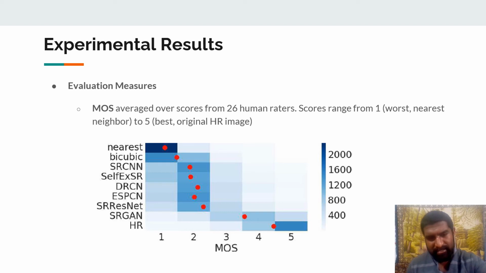It is higher than any of the other methods, which you can see: the bicubic interpolation, the SRCNN or the SRResNet. SRGAN has surpassed all these compared to the existing methods in the earlier research.